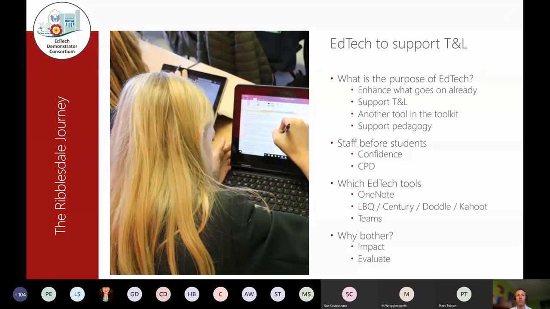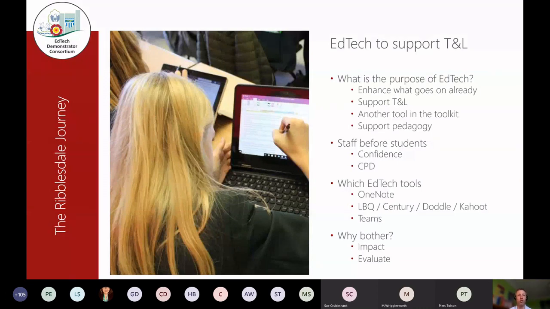It's not about throwing out everything you've ever done and starting from scratch. It's there to support teaching and learning, and it's just another tool in the toolkit of every teacher. We all have different pedagogies, and it's there to support the pedagogy that we use in everyday life within the classroom, whether that's within school or, as it is at the moment, remotely working away from school. But it's not about starting from scratch. It's about enhancing and supporting what already happens.